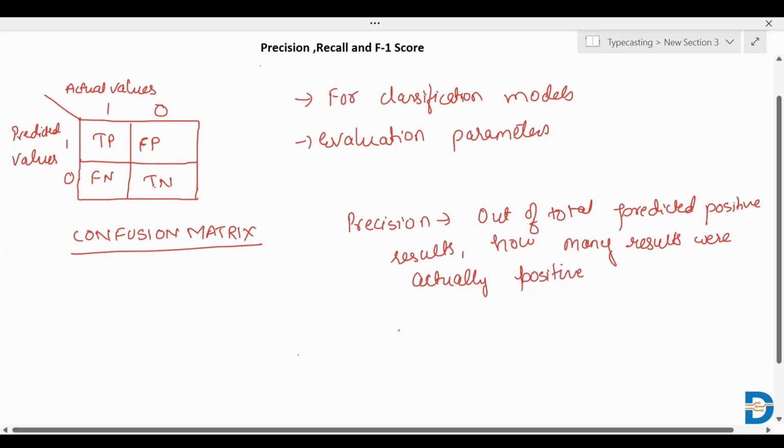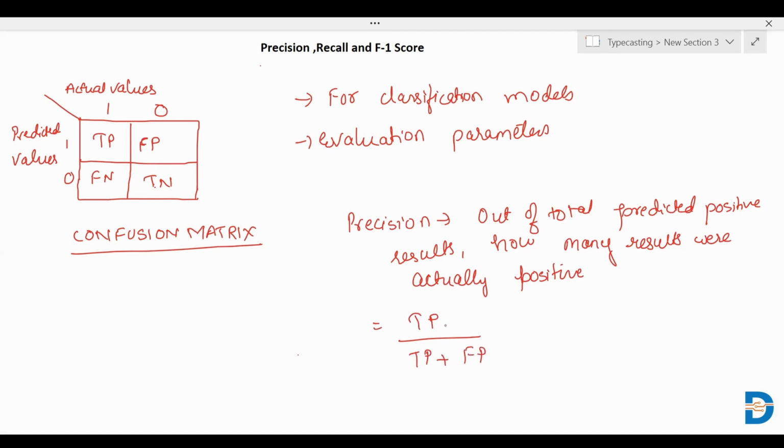The formula for precision is given by TP divided by TP plus FP. So out of total predicted positive values, how many are actually positive?